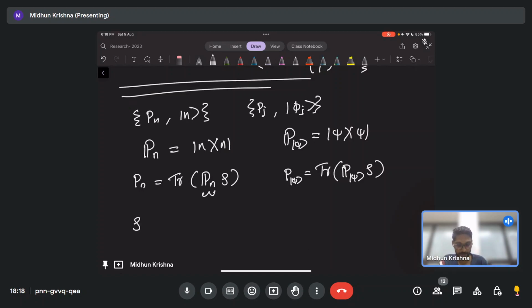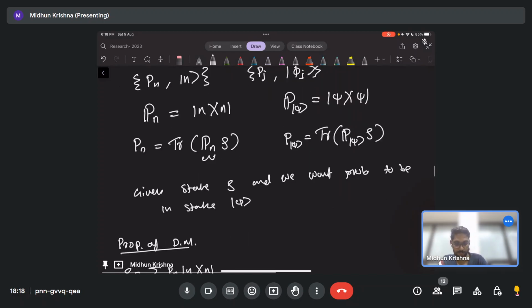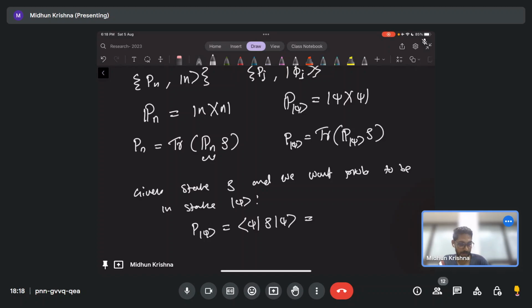If I am given the state rho and we want the probability to be in state, let's say psi, then it's given by p psi is equal to either psi rho psi, or it's equivalent to writing the trace of the projector psi times rho.